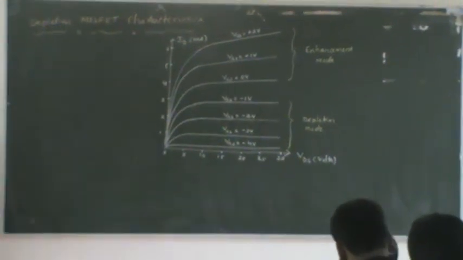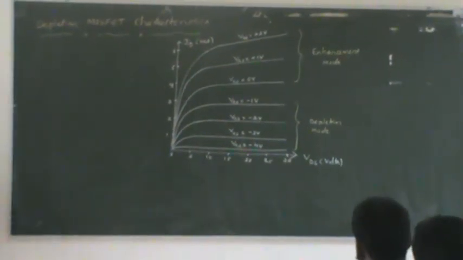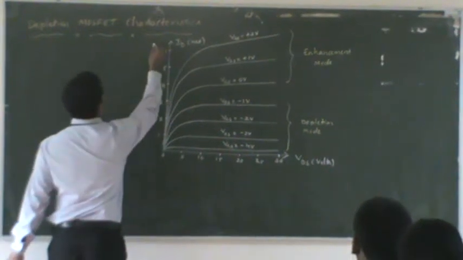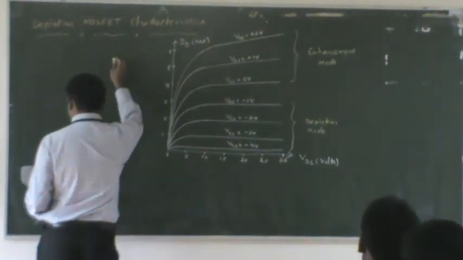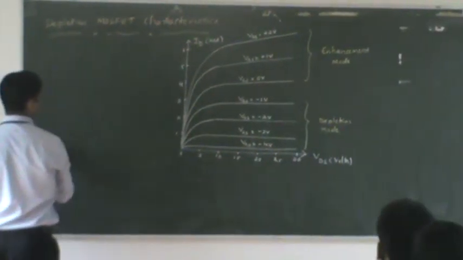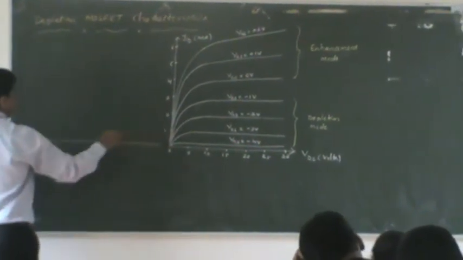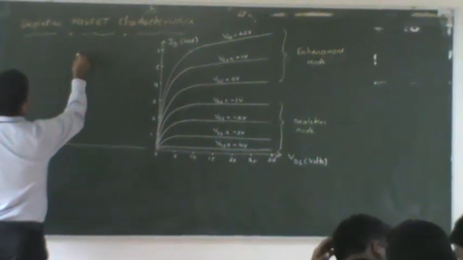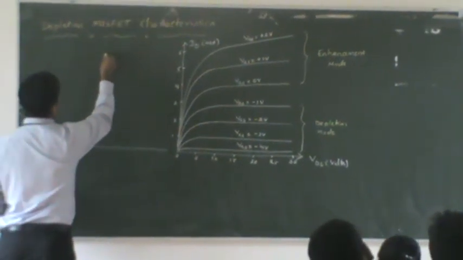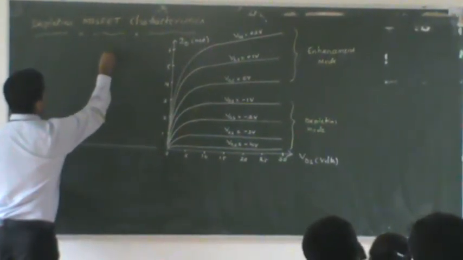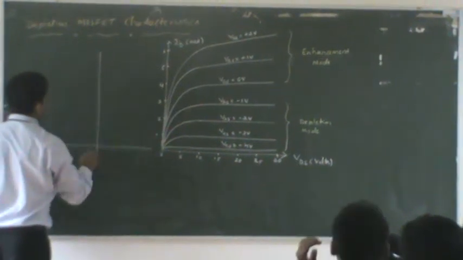So having drawn this, one can draw the transfer curve adjacent to this. What to do is draw the x-axis the same as this, and you can show more values, here the negative.